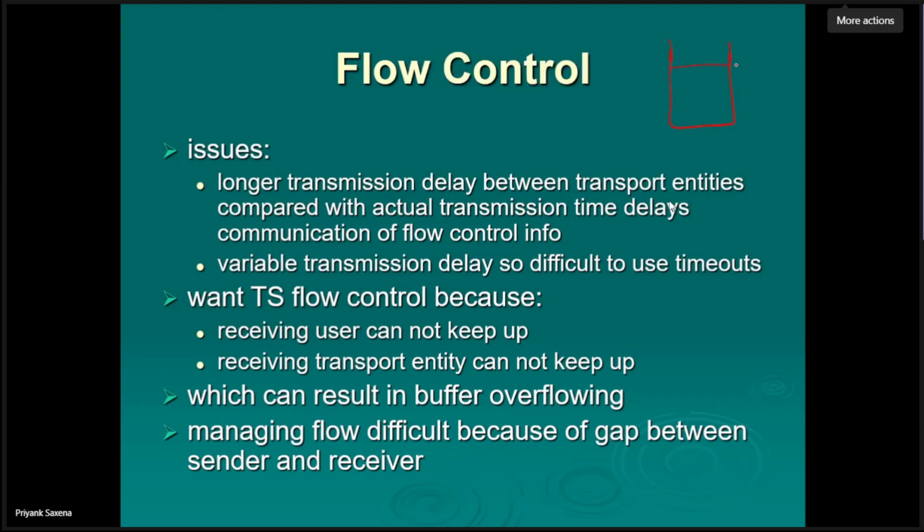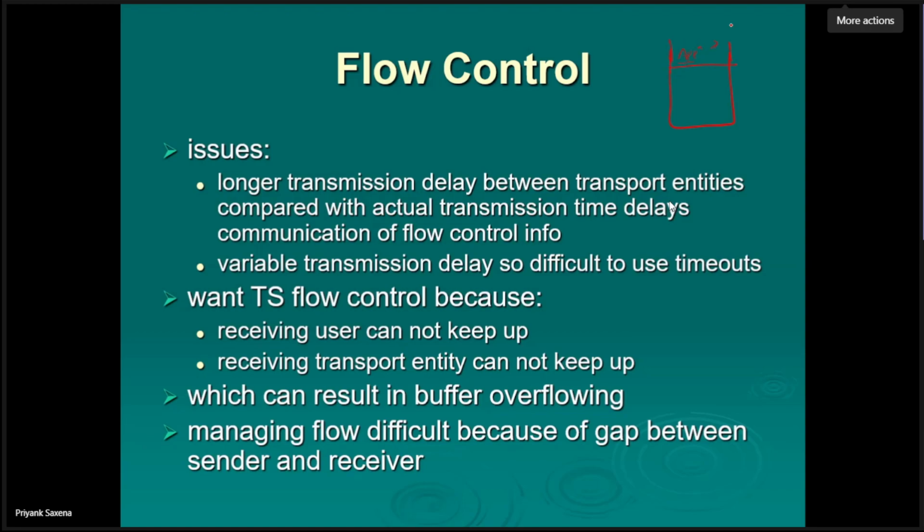There are two things I told you. The upper layer, suppose some application, will be called a transport user. This transport user may not be ready to accept the flow, because the flow is so excessive that it is not able to cope up.